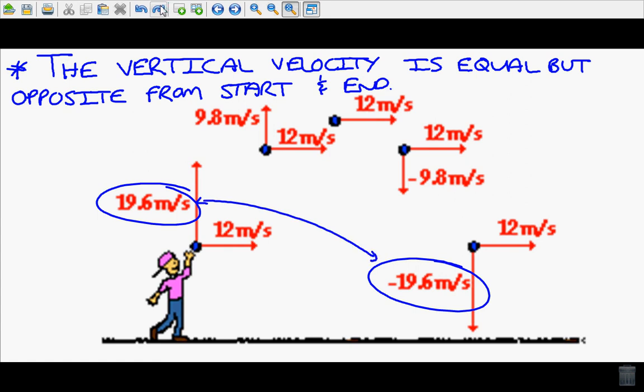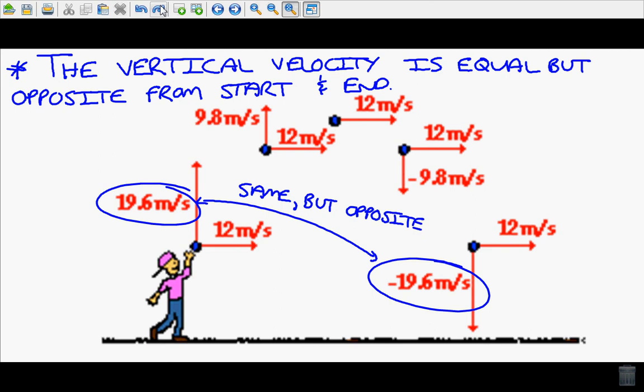And we'll notice that these two are the same, but they are opposite to each other. So notice that the initial vertical velocity is a positive, meaning it's going upwards, and the final vertical velocity is a negative, which means it's coming back down to the ground.